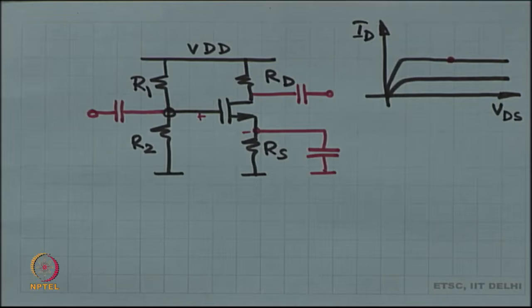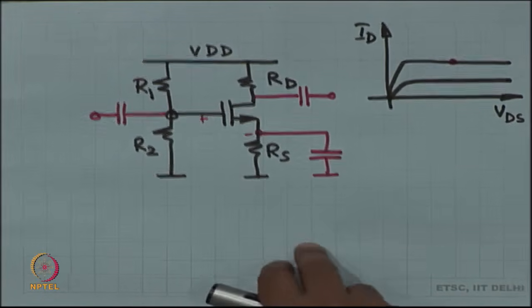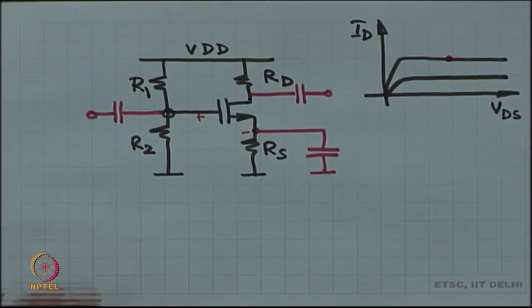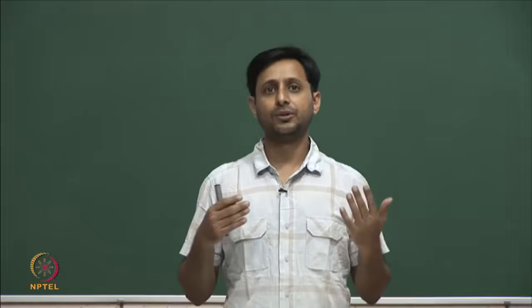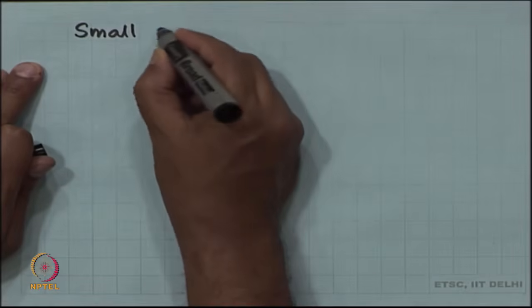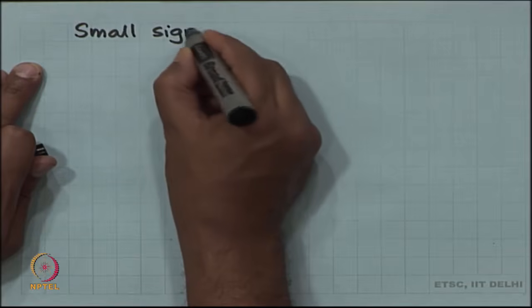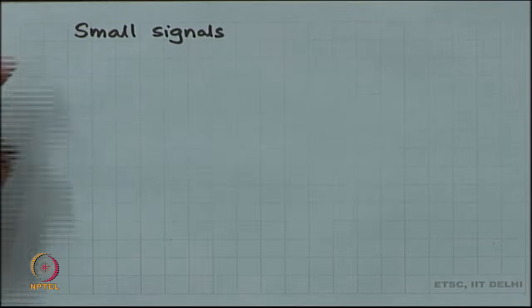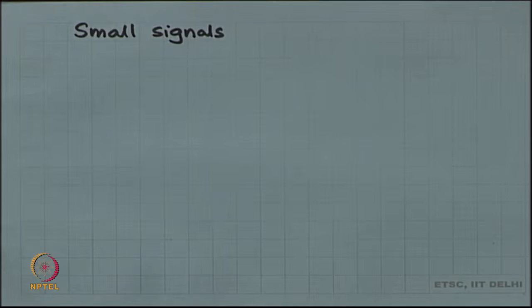So, that is the job today, and to do this job we have to understand how the MOSFET responds to small signals. Now, these small signals are so small that some things happen.